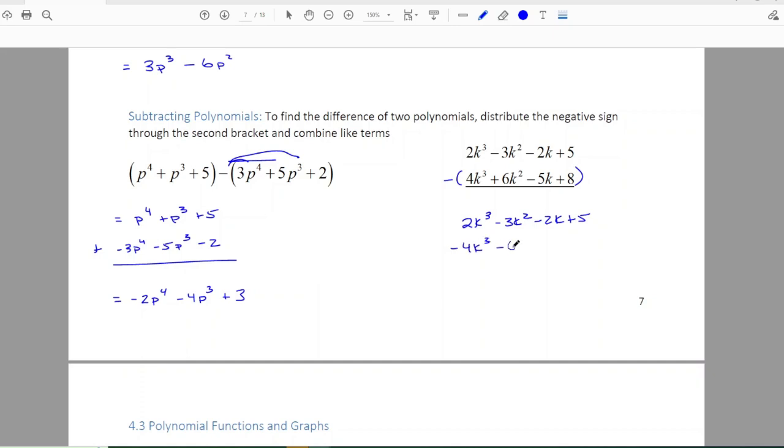I'm going to take away 6k squared. I'm going to add 5k, and I'm going to minus 8. So I distributed that negative sign just like I did here, and I rewrote it stacked. And again, you could have done it as a big long line if you wanted to. This is going to give me negative 2k cubed minus 9k squared, because now I'm adding. Because I changed the signs, I get to add.